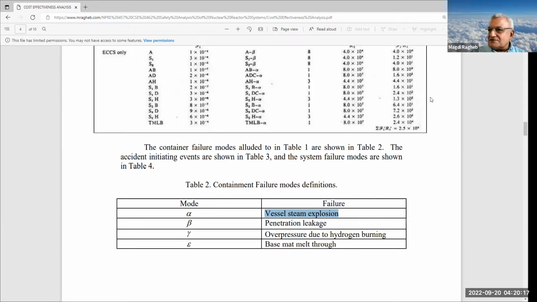These ideas of steam explosions then do happen in nuclear accidents, and that is the failure mode. It can lead to the failure of the containment structure. We call it the alpha mode. The beta mode is simply one of the penetrations starts leaking the atmosphere of the containment.